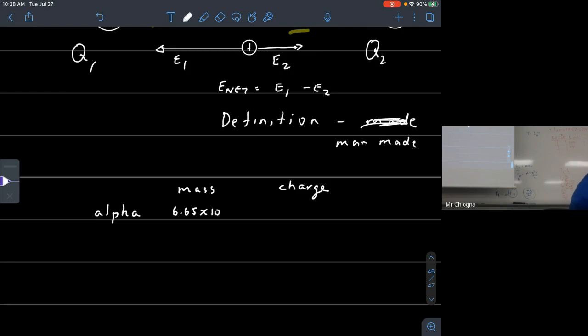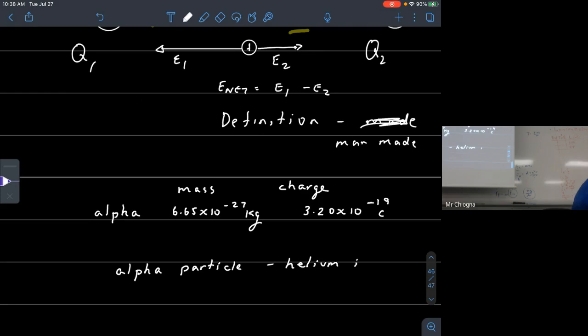Put it on your formula sheet, please. That's the mass and charge of an alpha particle. What's an alpha particle? An alpha particle is a helium ion. It's a helium atom with the electrons stripped away.